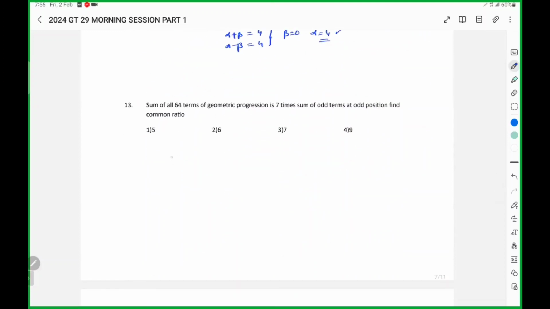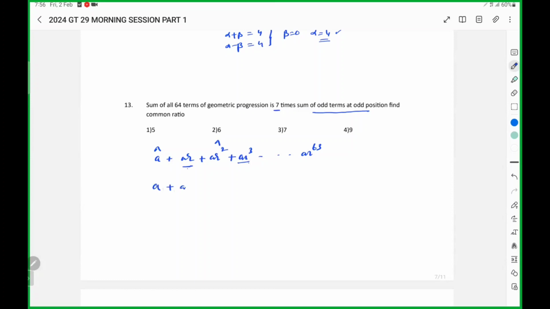Sum of 64 terms of a geometric progression is 7 times the sum of odd terms. This is a geometric progression. The sum of odd terms is the terms present in odd positions. These are even, these are odd.